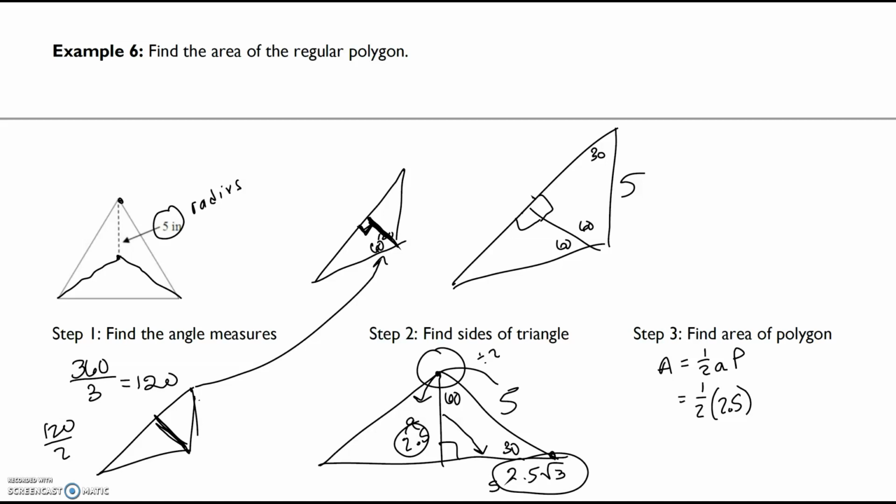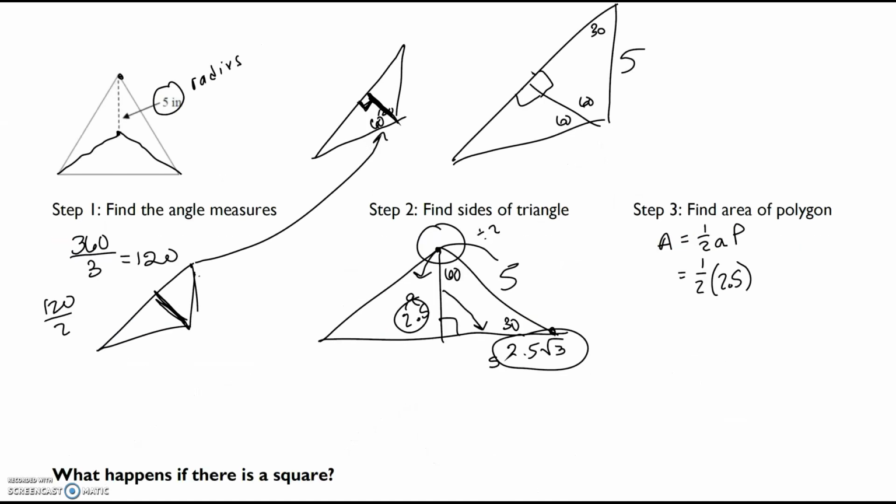So how are we going to get the whole side? I hope you're thinking, well, it's cut in half, so we just double it. So each of these parts is 2.5 root 3. You can either think about adding them together or multiplying by 2. So the side length of our original triangle, the thing that we're trying to find the area of, is 5 root 3. And how do we find the perimeter? We take the side length, 5 root 3, multiply it by the number of sides, which in this case happens to be 3.